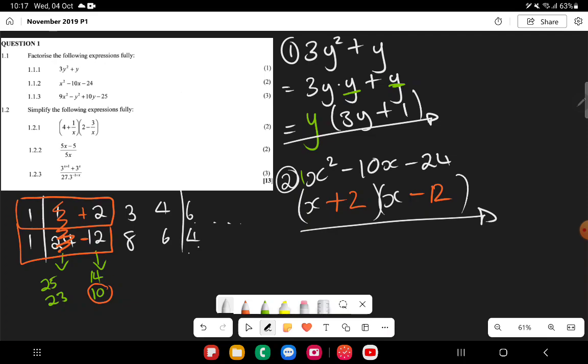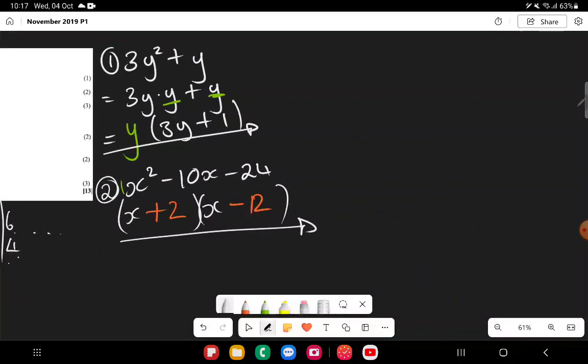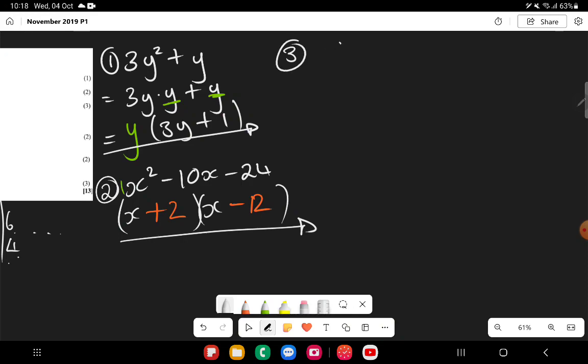Question 3 says 9x squared, I'm going to do this from my paper copy. So question number 3 says 9x squared minus y squared minus 10y minus 25. All right, so now this becomes interesting, right? Because you have 4 terms.